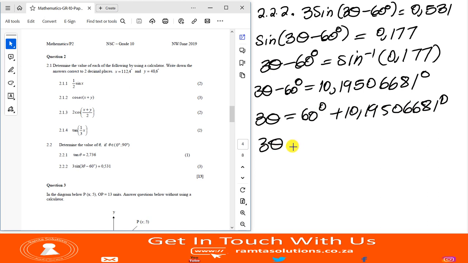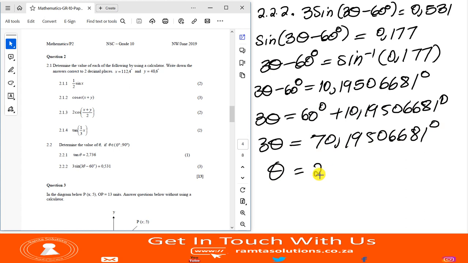What is this? This means 3 theta is 70.19506681 degrees. Now, divide that with what? Divide that with 3. Therefore, theta is our answer divided by 3.